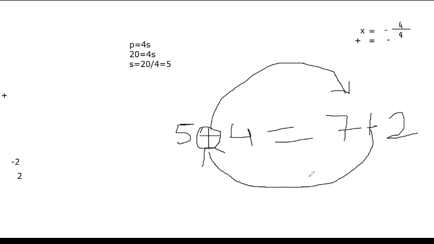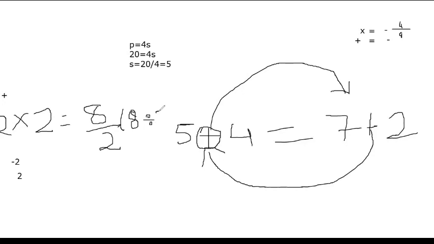It'll be the same rule. A multiplication, 2 into 2 is equal to 8 upon 2, or rather 8 divided by 2. It's the same thing, okay? The upon and the division is the same thing.